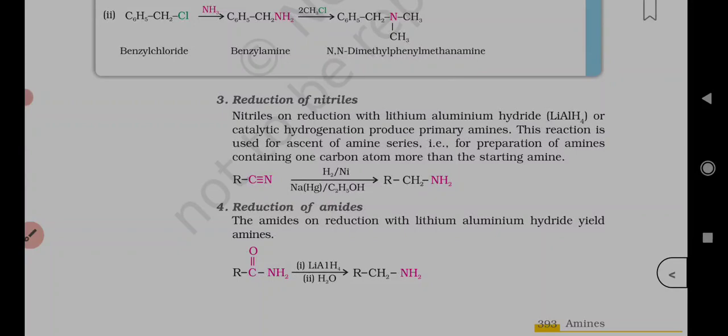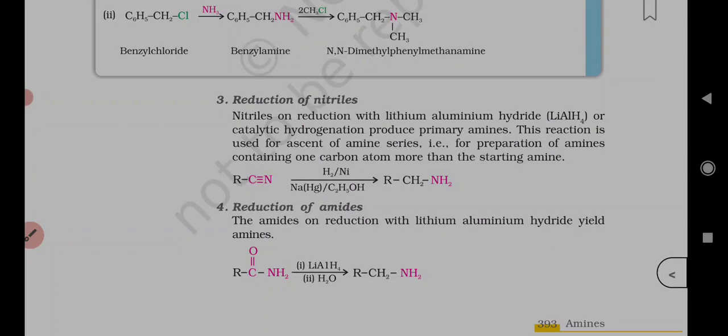Now, how can you prepare ethyl chloride to propanamine? So you have to use reduction of nitriles. So first you take chloroethane and treat with ethanolic NaCN. So you will get CH3 CH2 C triple bond N. It's called propane nitrile.